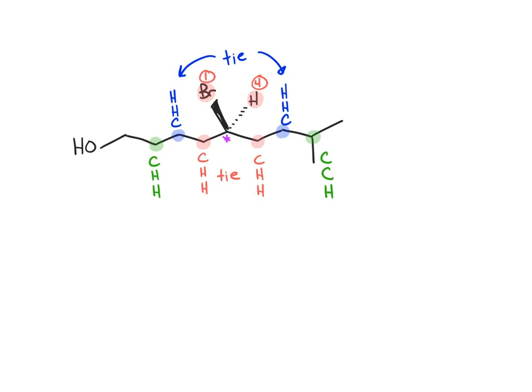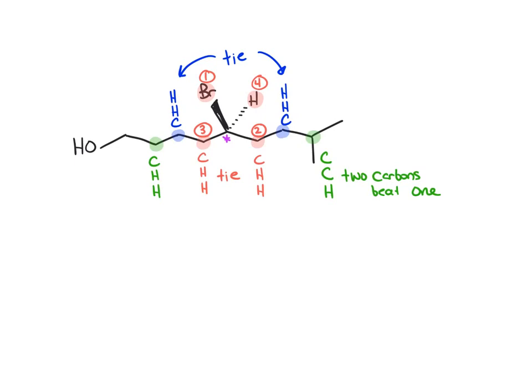And on the left side, there's 1 carbon. On the right side, there's 2 carbons. Two carbons beat 1. Even though they have the same atomic number, 2 are better than 1. So for that reason, this right side gets the priority 2 designation, and the left side priority 3.